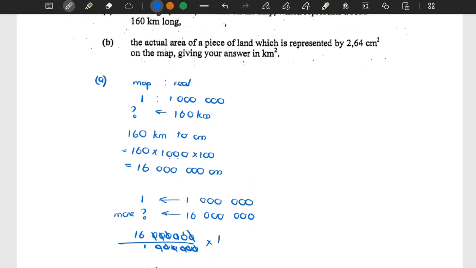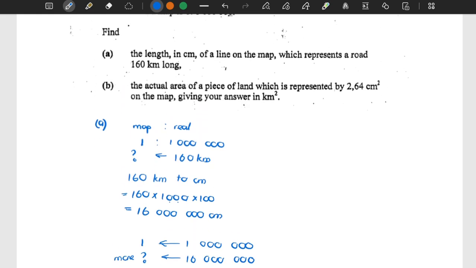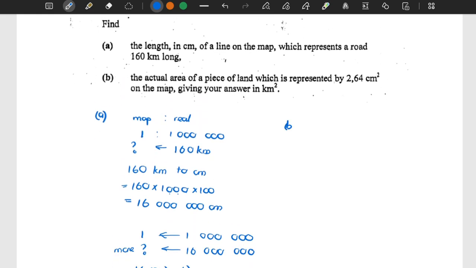Right. Then it says the actual, I'm going to write it here. The actual area of a piece of land which is represented by a map area of 2.64 centimeters squared, and we need the answer in kilometers squared.